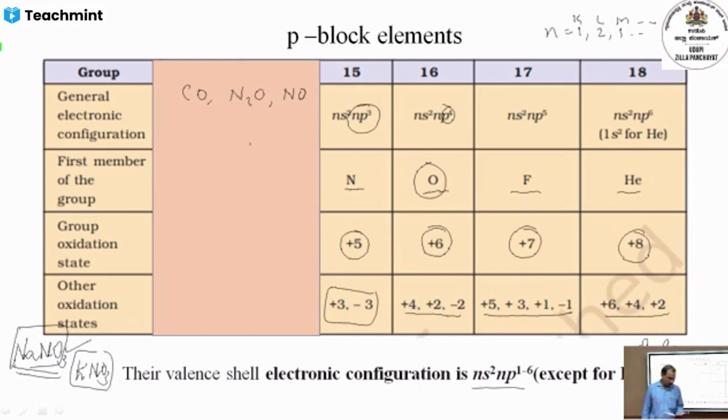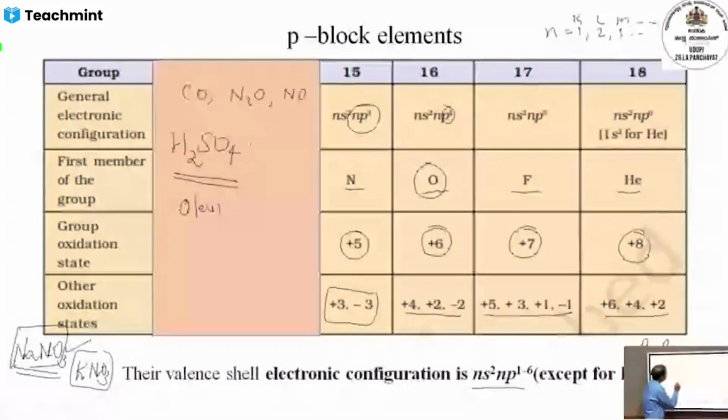And there comes further, mainly sulfuric acid, H2SO4, an industrially and commercially important compound. We all know how important it is to study the process in which sulfuric acid is prepared, and you must also know oleum.